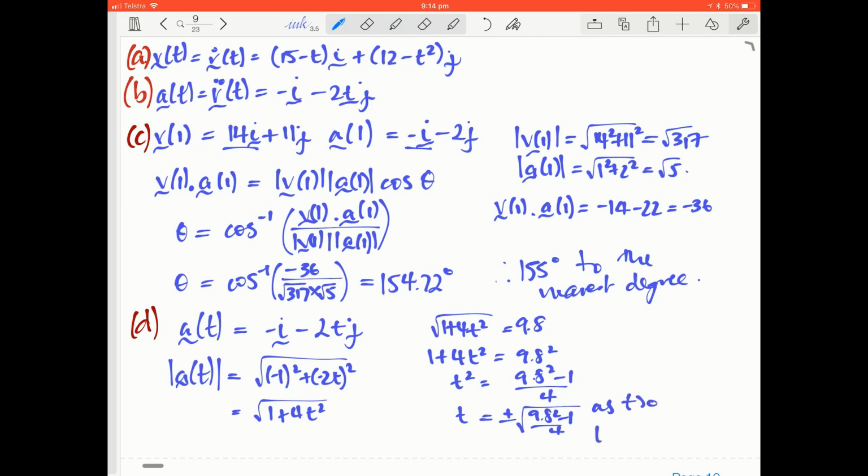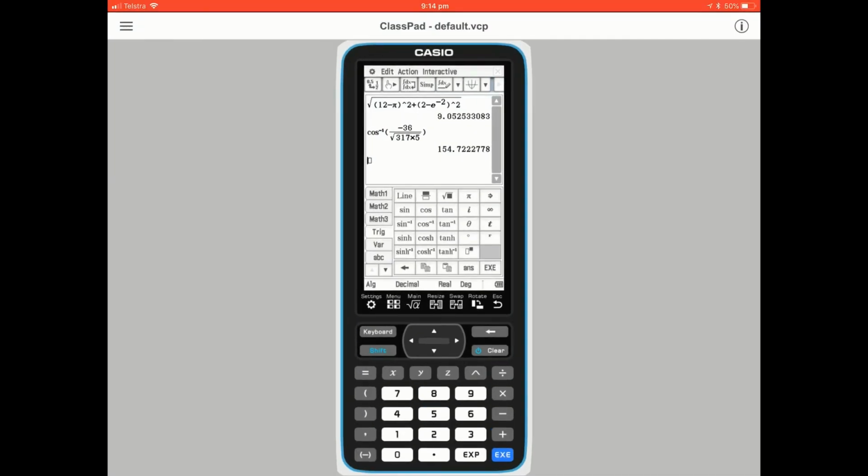As t is greater than 0, t equals the square root of 9.8 squared, oops, I forgot the squared, minus 1 on 4. 4.87 seconds.